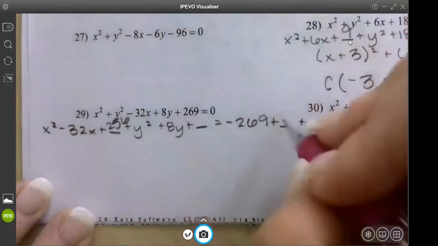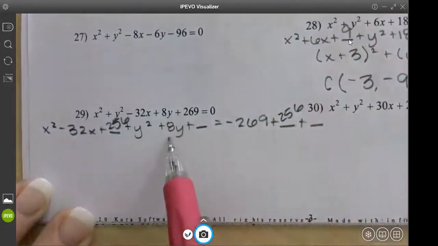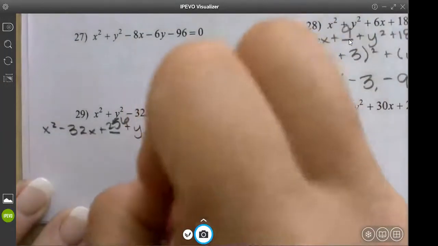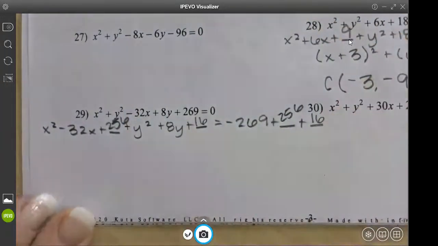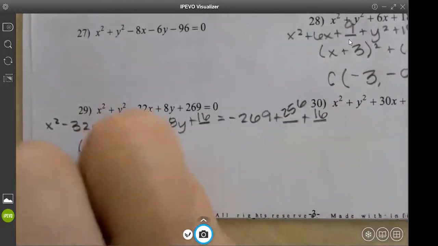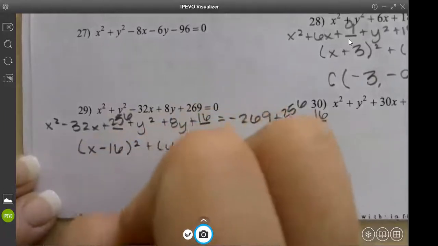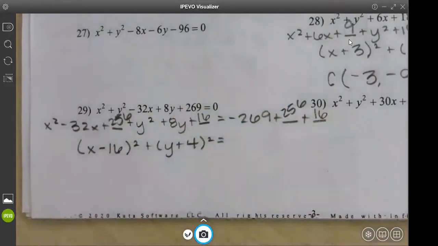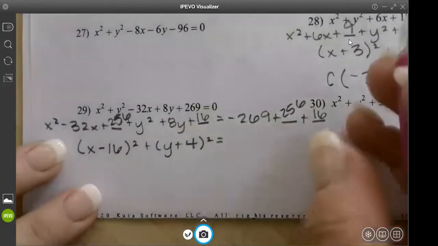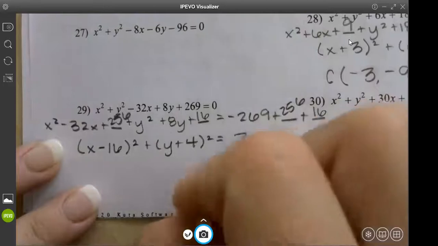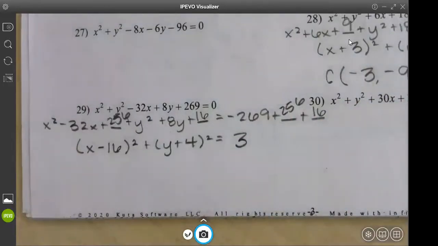Squared is 256. 8 divided by 2 is 4. Squared is 16. Rewrite it. (x minus 16) squared, (y plus 4) squared. Negative 269 plus 256 is negative 13. Negative 13 plus 16 is 3.